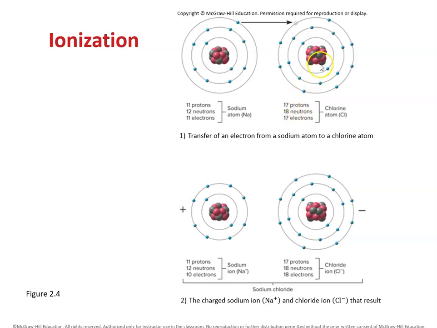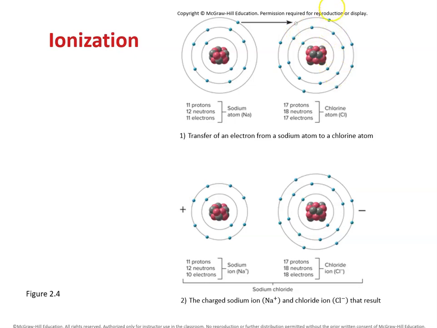Okay, so our nucleus is here with our protons and our neutrons. And our first shell has 1, 2 electrons. Second shell has 1, 2, 3, 4, 5, 6, 7, 8, exactly like we'd expect to see.